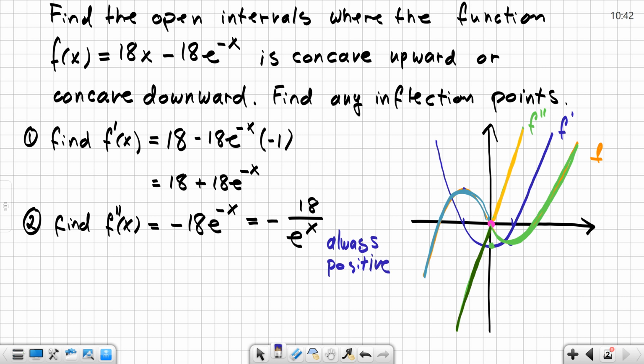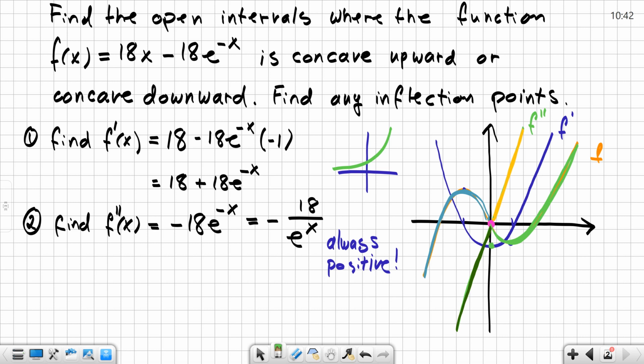The graph of e to the x, just a quick reminder, looks like this. It is the graph of an exponential function. So that means that there are no inflection points. In other words, my graph will not change its concavity.